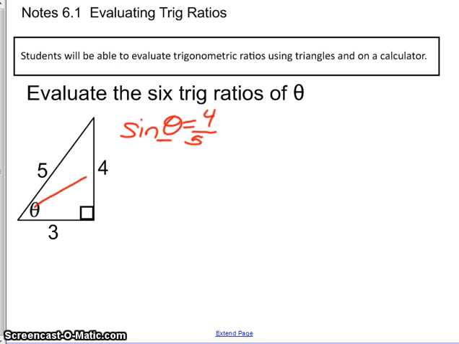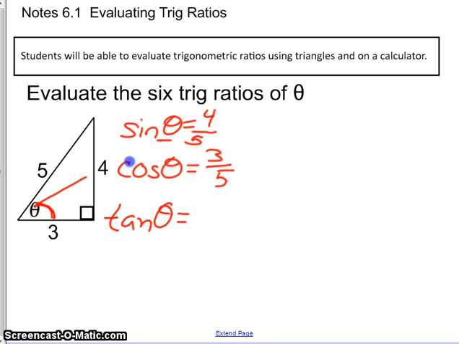Cosine is adjacent over hypotenuse. Cosine of theta. So we're looking for the side that is next to, adjacent, as the numerator. And then the hypotenuse is 5. And tangent is opposite over adjacent. So I've got opposite, which is 4, over adjacent, which is 3.